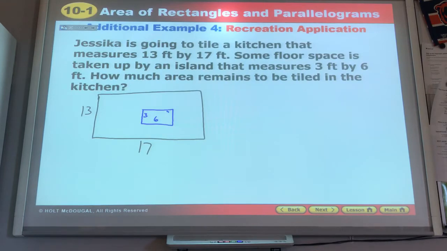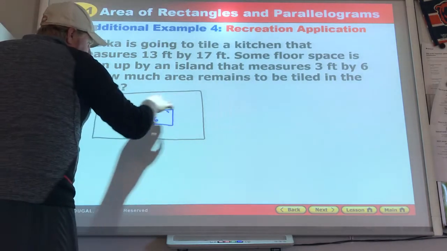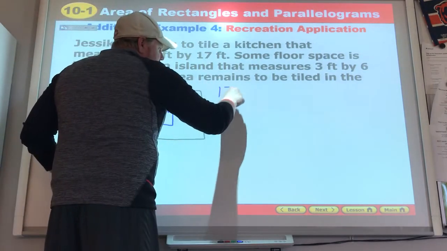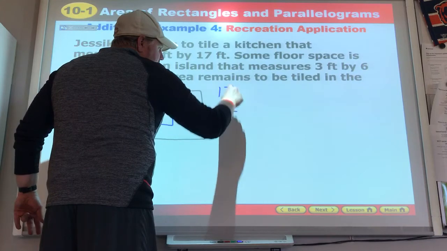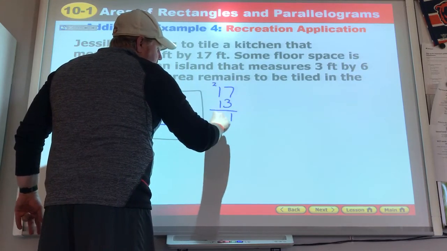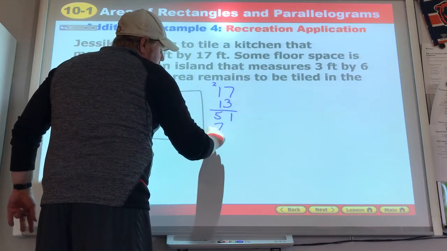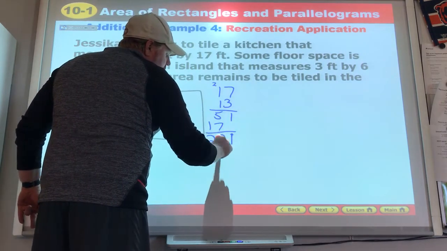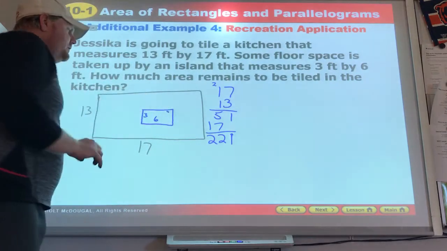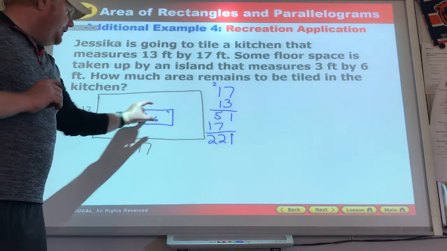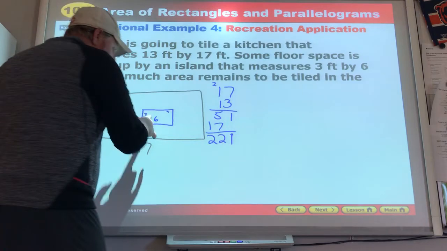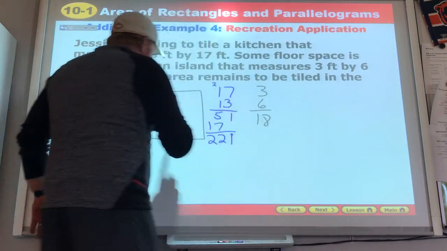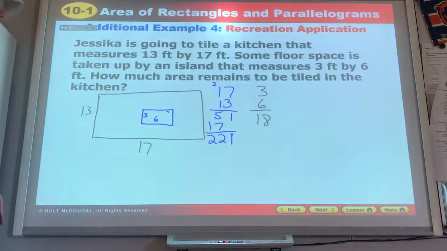So now, how do we figure out all this other area? Well, I know how to figure out 17 times 13. So 221 is the whole kitchen, but that includes the part under there. Oh, this is 3 times 6, that's 18. Well, that takes up 18 of the feet.